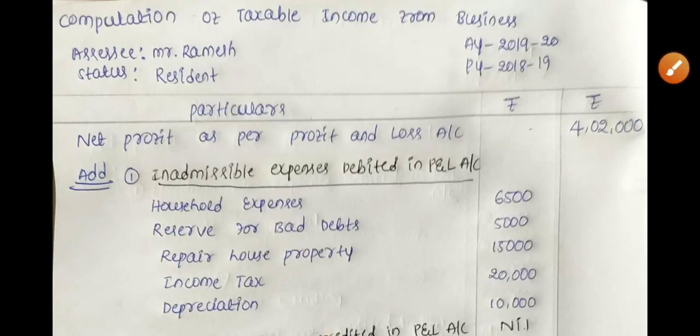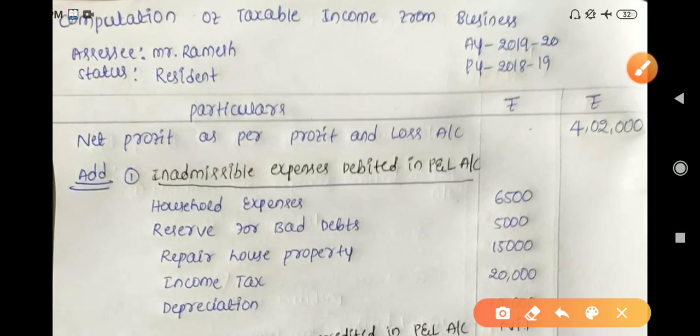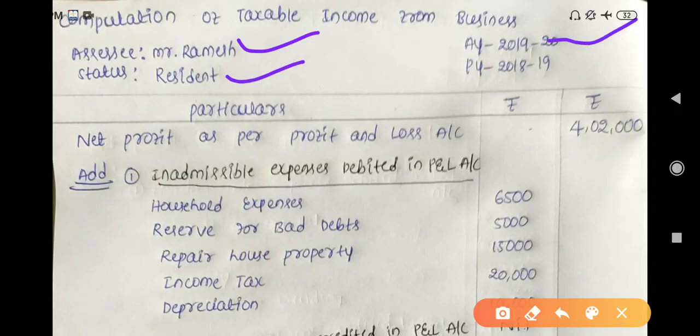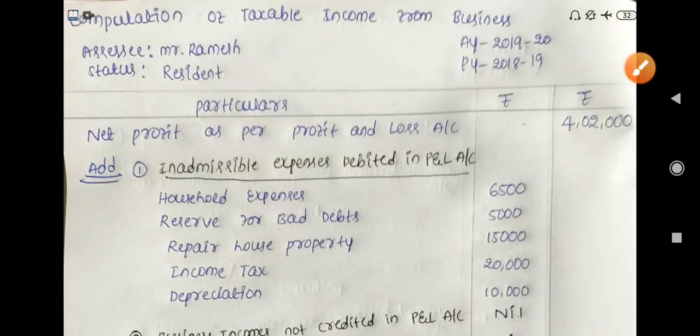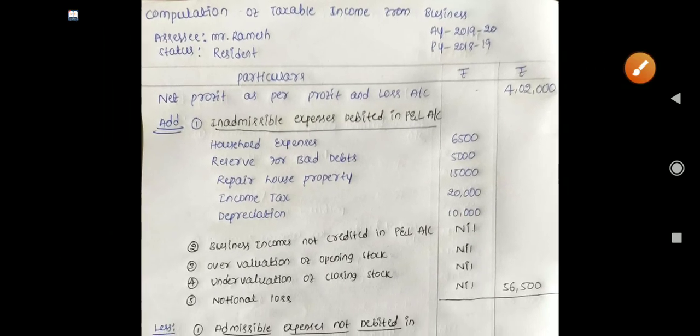The name of the assessee is Mr. Ramesh, the residential status is resident, the assessment year is 2019-20, and the previous year is 2018-19. Now the answer: particulars and amount.